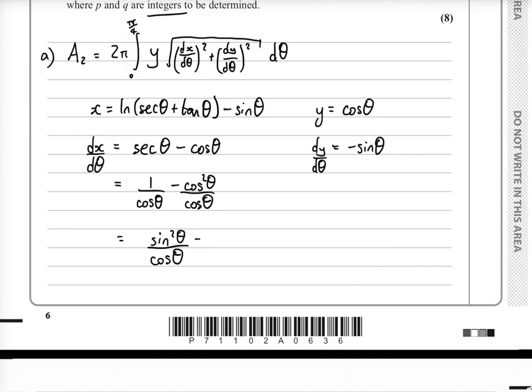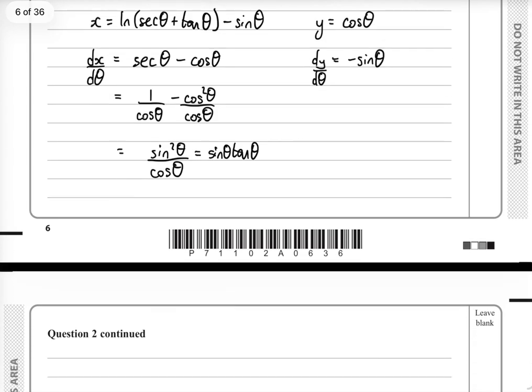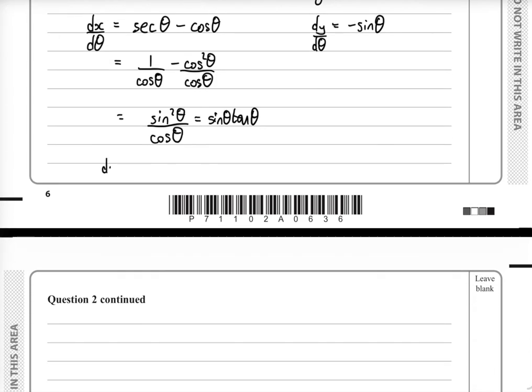And actually, let's call that sine theta tan theta. So squaring that is sine squared theta tan squared theta, and dy by d theta squared is sine squared theta.